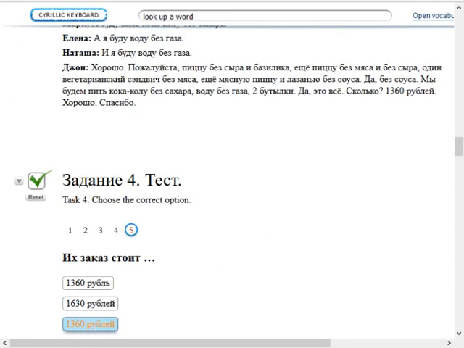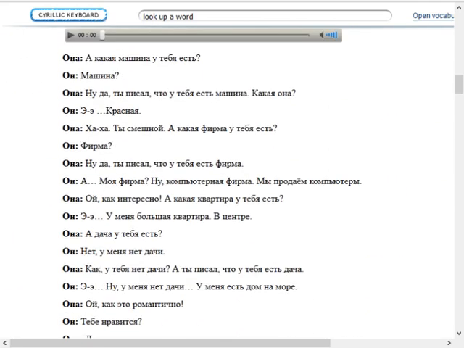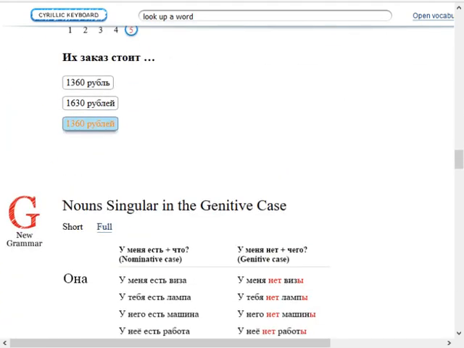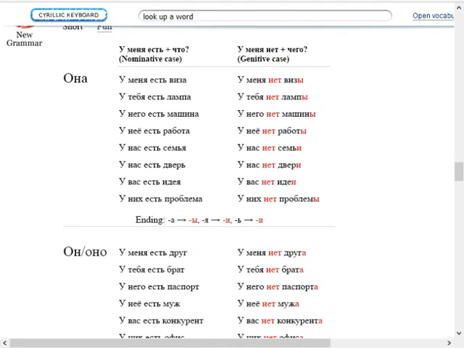So why did dacha up here become dachi? Is dacha an exception? Is dacha one of those weird words that somehow forms an exception to this rule? I don't know. But anyway, you can see at the bottom, words that end in a, the a becomes i.